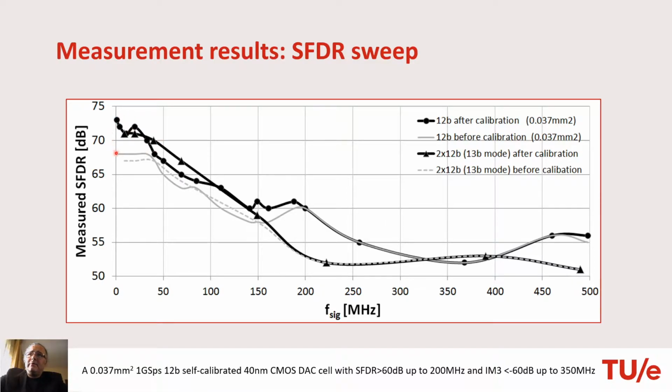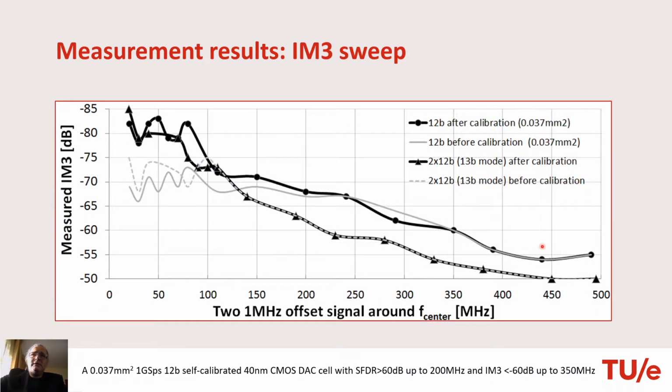This performance is kept up to 50 megahertz, and beyond that dynamic errors start to kick in, so the performance decreases, and it again stabilizes to a level of around 50 dB, 55 dB at high frequencies. So this is the sweep of IMD3.